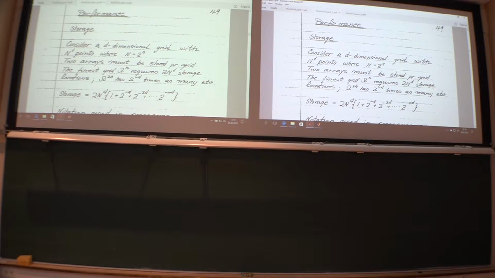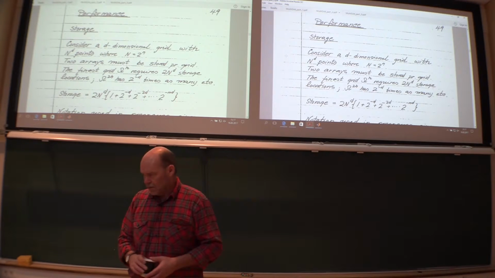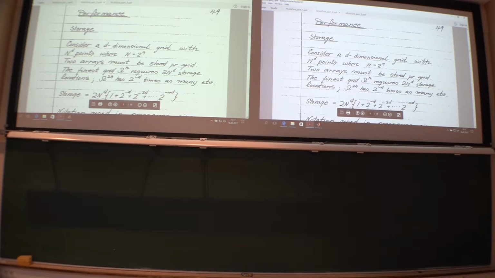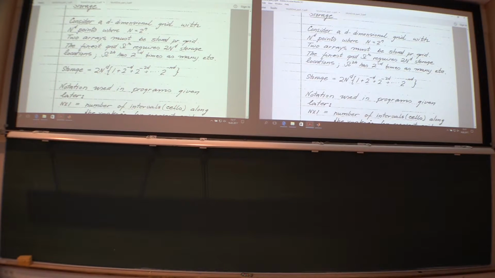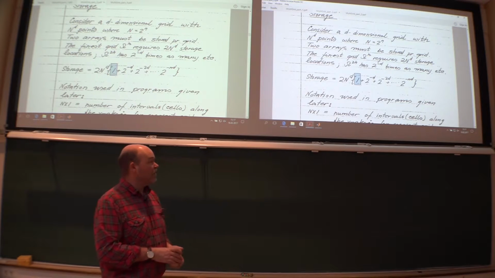Required storage, as we spoke about, you need two entire vectors on each level. But depending on how many dimensions you are having, 1, 2, or 3 dimensional problem, you see the additional storage to the fine mesh solution will be quite small. So of course, 1D case, you will have there 1 plus 1/2 plus 1/4 and so on.